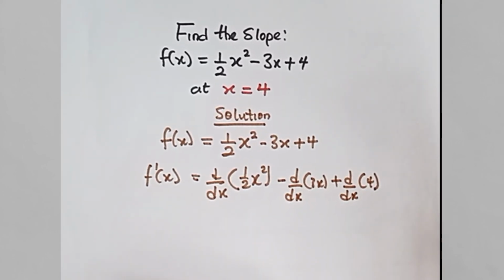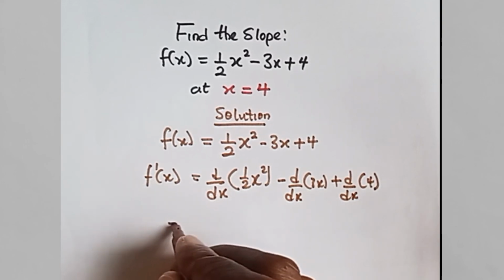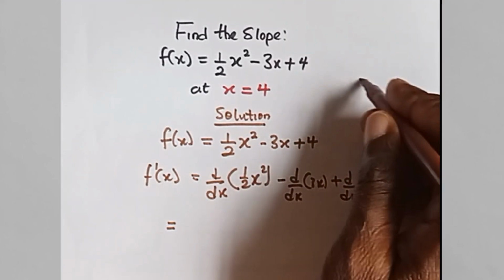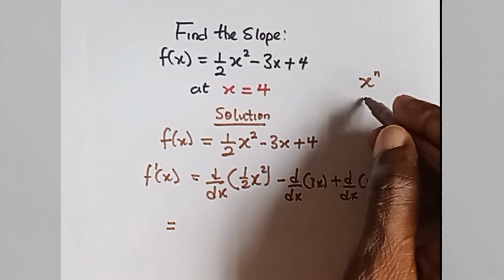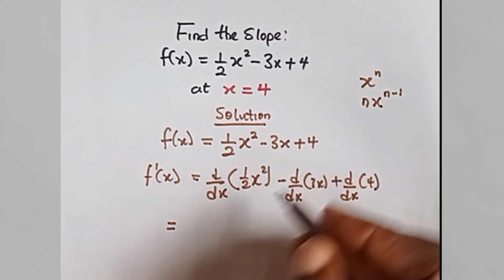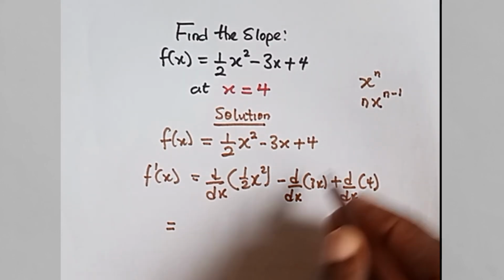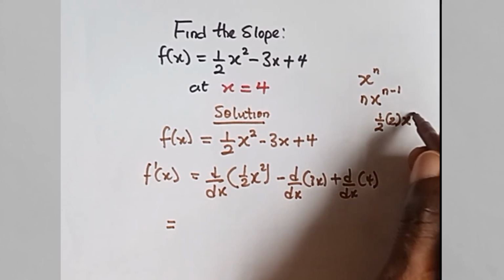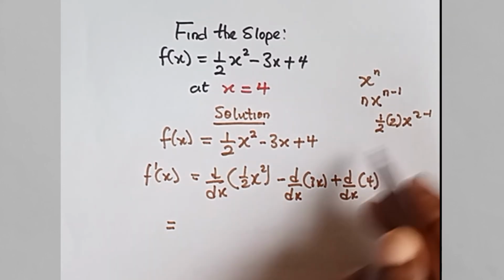I have made videos on how to differentiate, and you can go back to check that, or I can show us. If you have x^n, it becomes nx^(n-1). So differentiating this, it becomes 1/2 multiplied by 2x^(2-1).